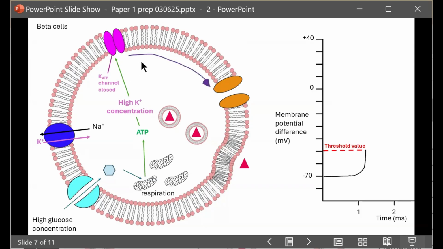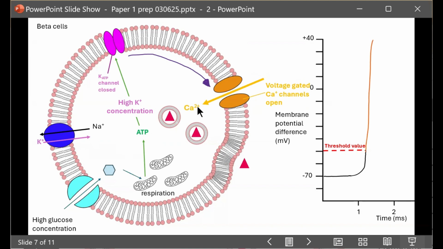So therefore, we are now depolarizing the membrane because those potassium ions are being moved in, but they're not diffusing out. So we're moving towards the threshold value. And if we reach the threshold value for those voltage gated calcium channels, they're going to open and the calcium will be able to flood in.